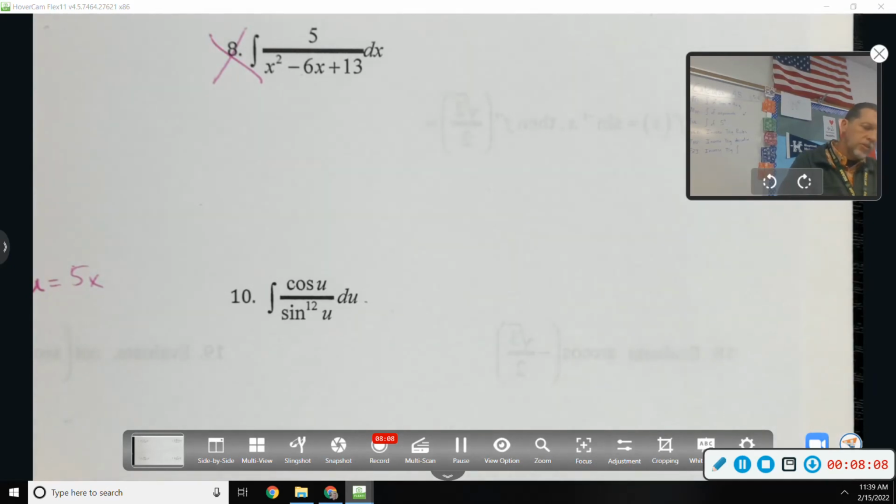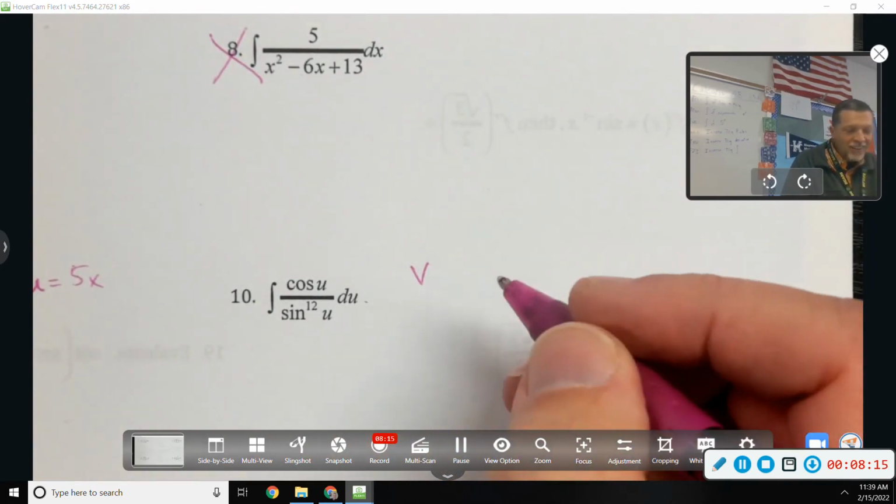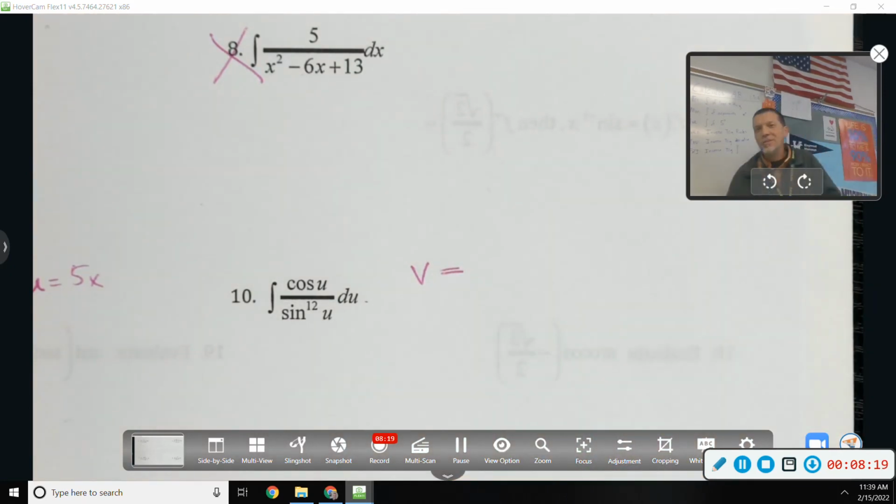What should we use for a, well, u's already taken. So you could call it an x substitution. I'm going to call it a v substitution, but x would be fine. You just can't really use a u because it's already taken. So what could we pick for v so that dv would be in there somewhere?